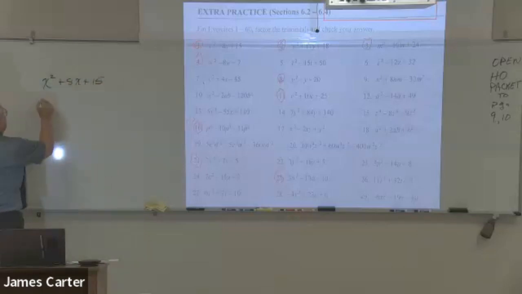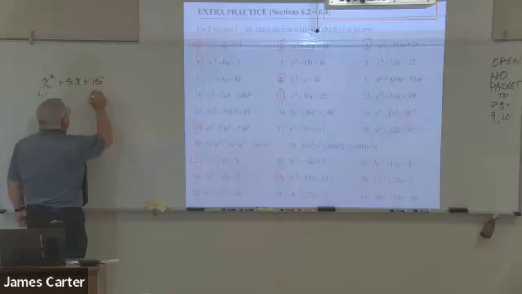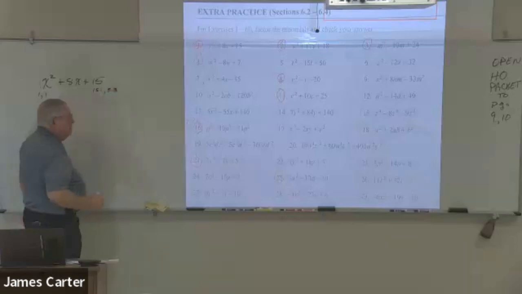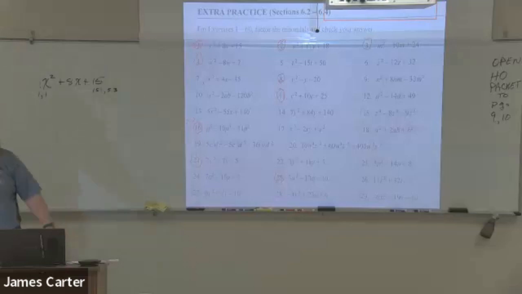In this case, my multiple pairs, the only choice I have are 1 and 1, right? Because there's a hidden 1 in front of here. Over here, I've got the possibility of 15 times 1. I've got the possibility of 5 times 3. Those are the only possible combinations of numbers that will multiply to get 15.